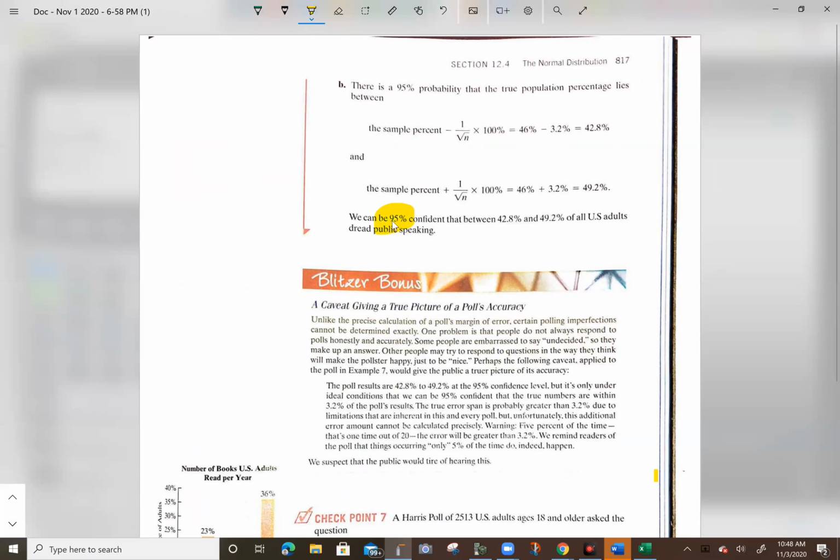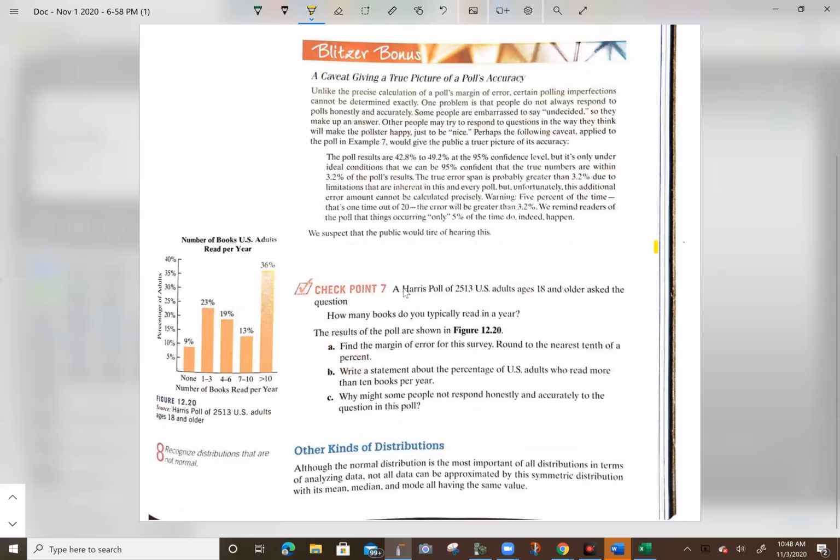Oh, we're doing a confidence statement. We can be 95% confident that between 42.8% and 49.2%, because all they did is take this 3.2% and subtract it from the mean, and also add it to the mean. That gives us our 95% confidence level. So we are 95% confident that between 42.8% and 49.2% of all adults dread public speaking.